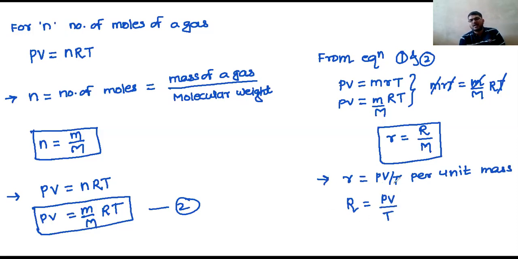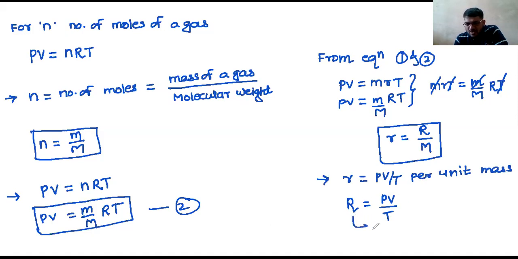There is no unit mass. Per unit mass is not there. So I can write it as PV by T into 1 kg, or gram or whatever unit mass of substance. Here it is not like that.